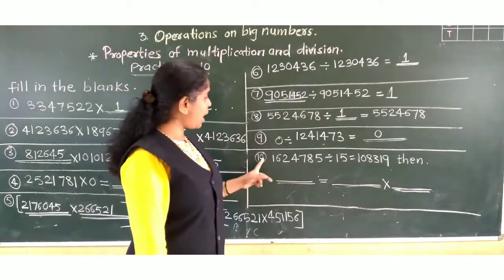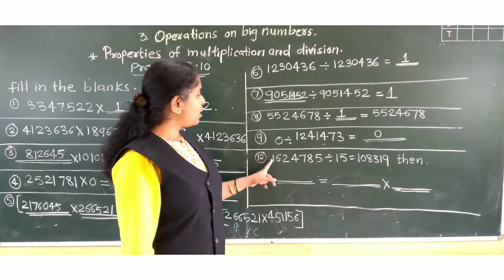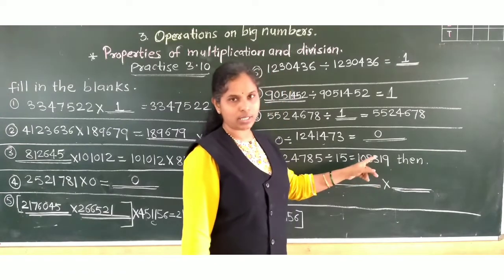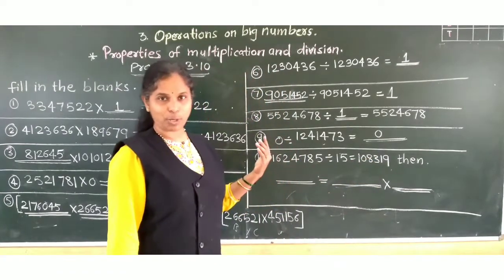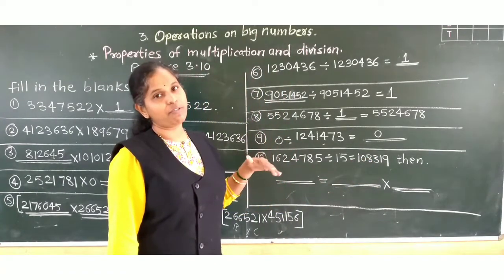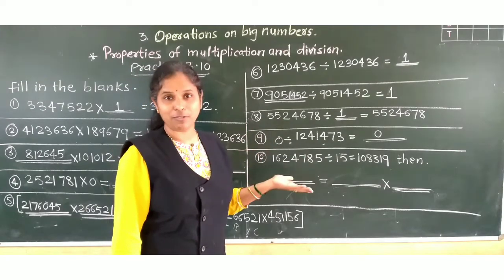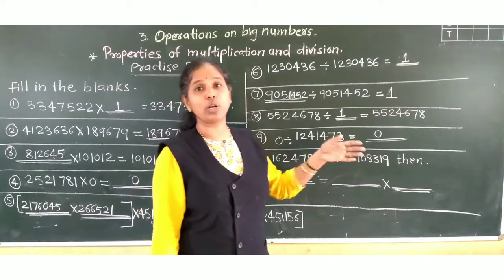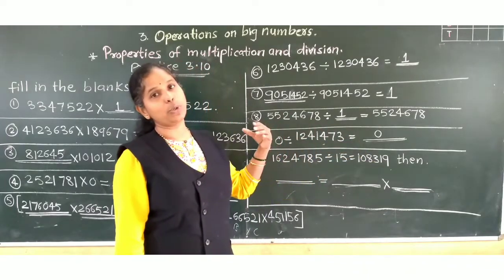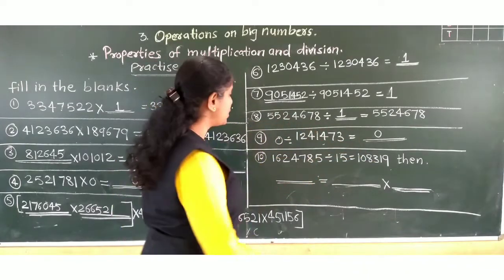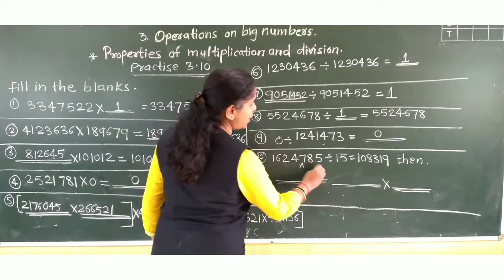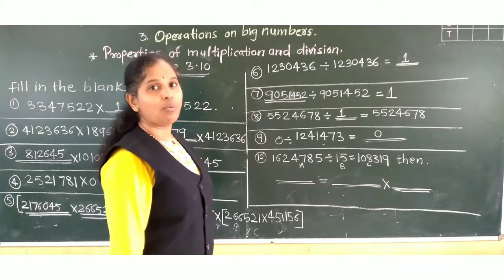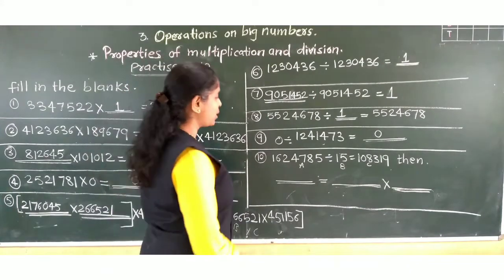Okay. Now, see here. This number divided by 15 is equal to, the answer gives this. Do you remember the last property of division? The division fact gives a multiplication fact. That is, if A divided by B is equal to C, then A is equal to B into C. Suppose this is A divided by B, and the answer we got is C. Then, what is the fifth property?